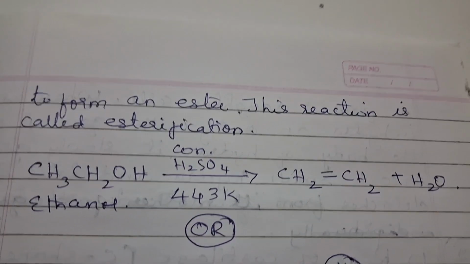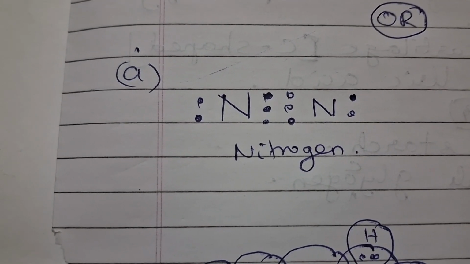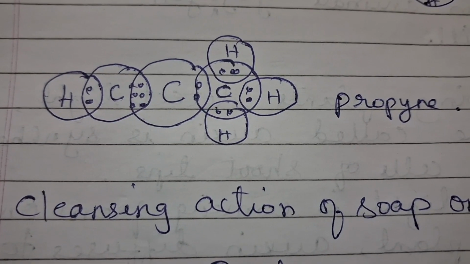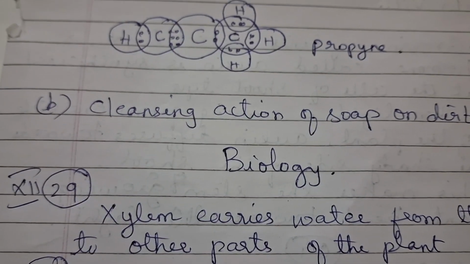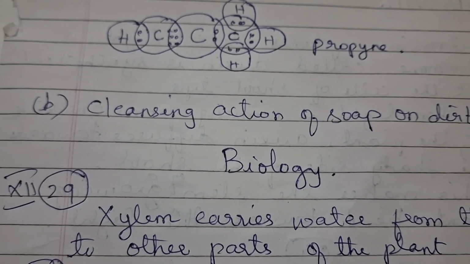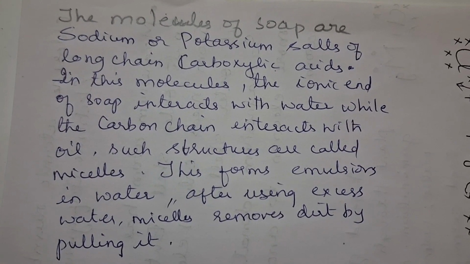This is a reaction. And the OR question is the dot structure of nitrogen and the structure of propyne. Then cleansing action of soap. B question OR question, this is the action of soap. This is the answer.